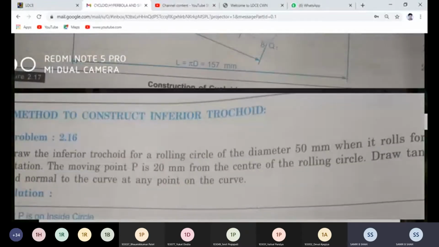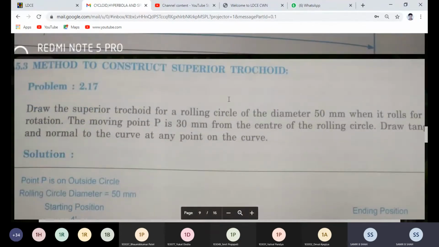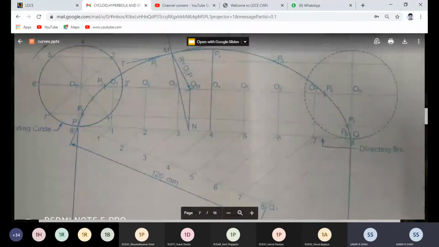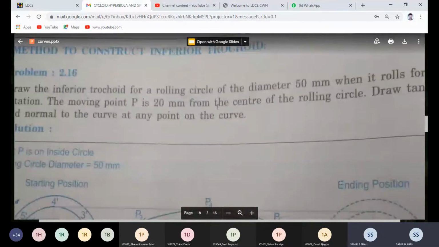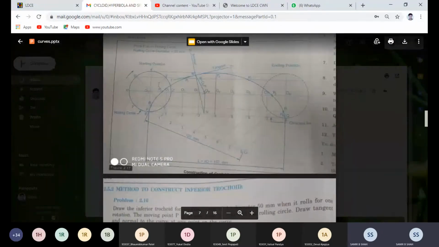What we have to do in the inferior trochoid, I just show you with a figure, so it's very easy for you.